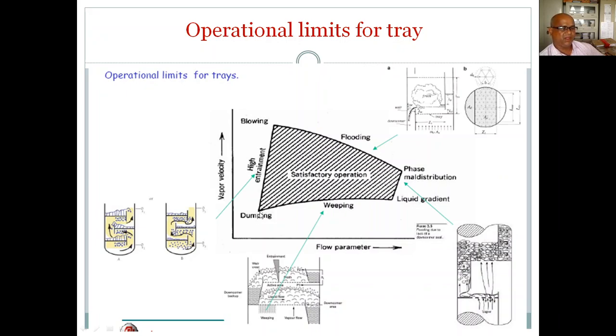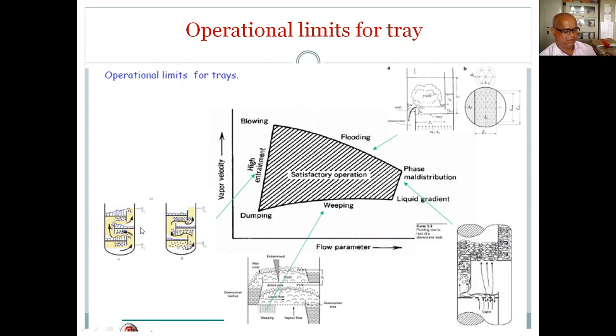Now if liquid velocity is low and gas velocity is high, if you increase this gas velocity, slowly entrainment will be higher. Entrainment means gas will carry the liquid droplets. And if the gas flow rate is very high and liquid flow rate is very low, then blowing will happen.